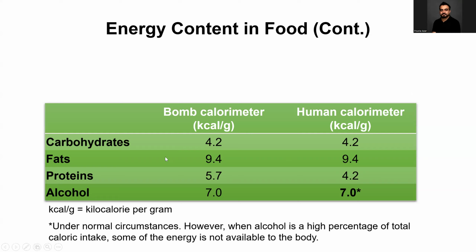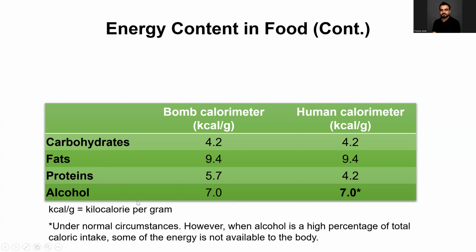The fats are the same, 9.4 in the bomb calorimeter as well as in the human. Proteins are different, and I will mention why. And regarding alcohol, 7 and 7 is the amount of energy coming from 1 gram of alcohol.